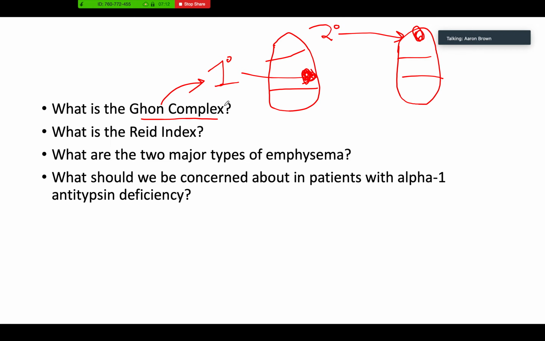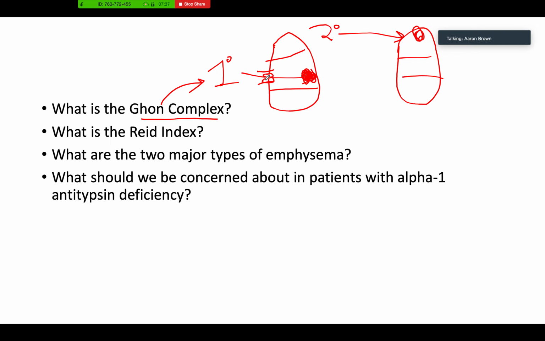So when you do an x-ray of someone with primary tuberculosis, you really see two things. Number one is this Gohn complex, where it's this nodule in the middle lung field. And the second thing you see is at the hilum. The hilum is where the blood vessels all enter the lung, and it's also where our lymph nodes are. So the second thing you'll see is at the hilum of the lungs, it will be swollen.